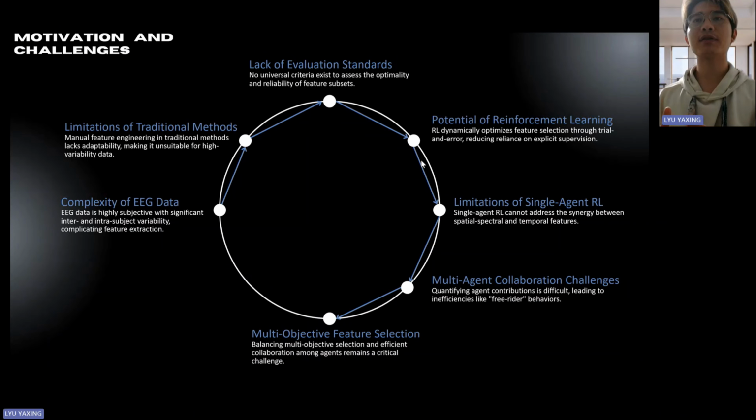Multi-agent systems handle multi-objective tasks but face collaboration inefficiencies such as credit assignment and free-rider issues. MARS leverages multi-agent RL to enable balanced, efficient, and collaborative feature selection for EEG signals.